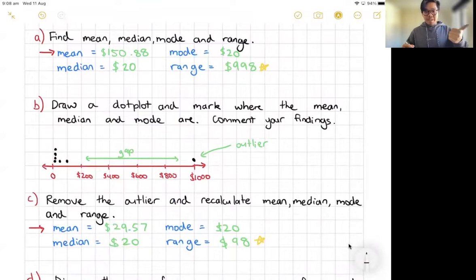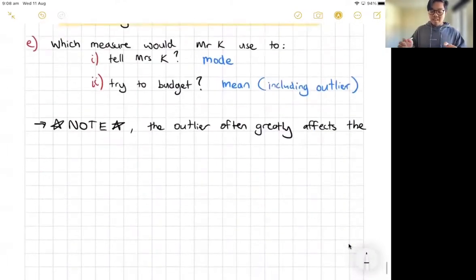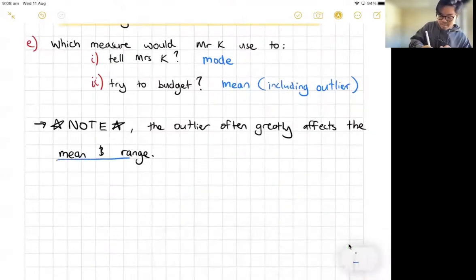It affected the mean and the range. If you look at the mode and the median, that didn't change too much. It stayed at 20. But with things like this, an outlier will often greatly affect the mean and the range.